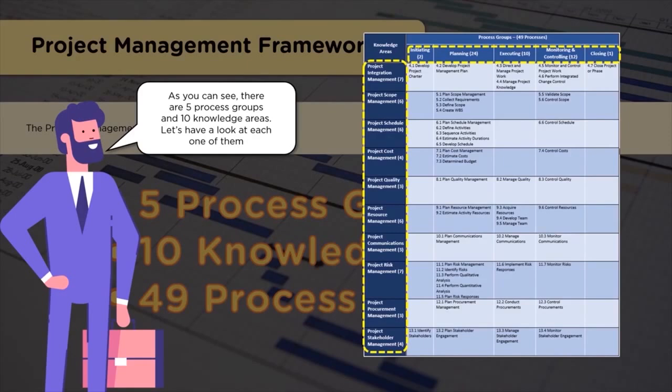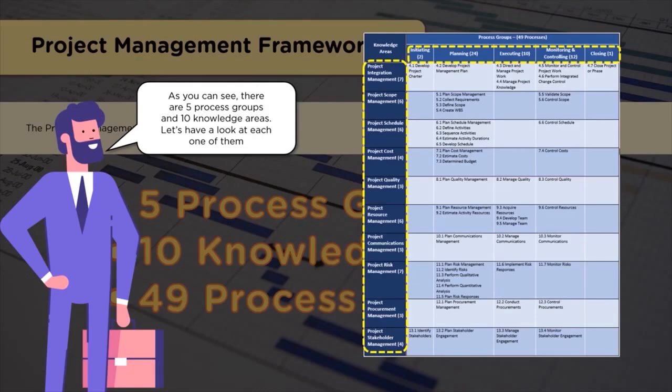Once this plan is done and approved, then it moves for execution. All that the project manager does during execution is directing and managing project work and managing project knowledge. At the same time, the project manager takes responsibility for managing quality, acquiring resources, developing the team, managing the team, then communications as planned per the communication management plan.